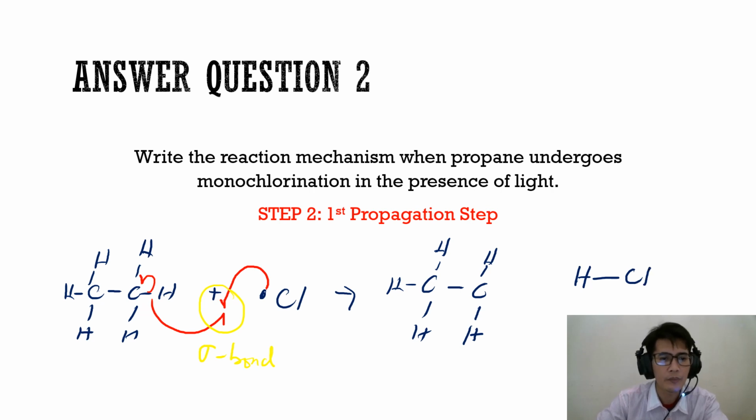Remember this, we have 1 electron transferred to the C just now. So the C will be the C dot, the free radical of the ethane molecule. And this free radical will attack another chlorine molecule in the second propagation step.